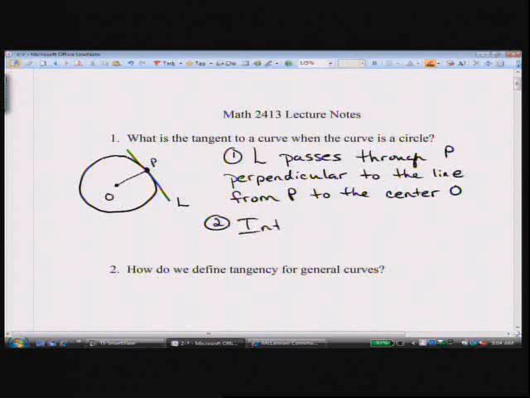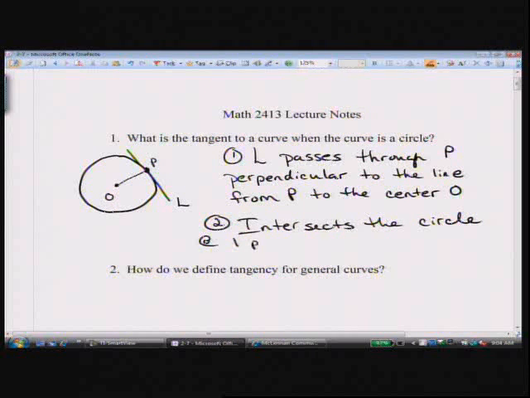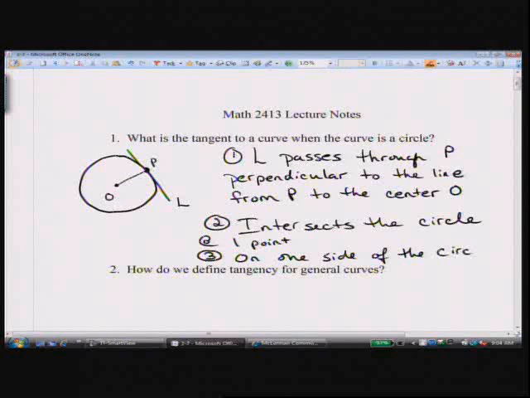So it intersects at one point. And we also know that it just hits it on one side. Okay, so that's this idea of tangent line.